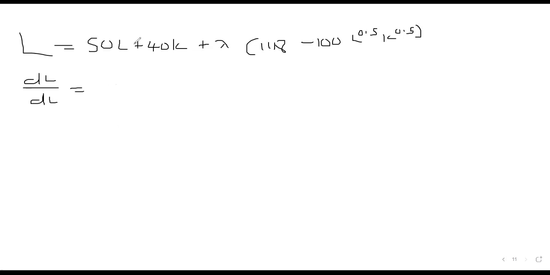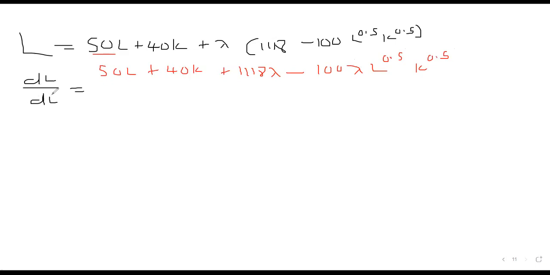Here we have to differentiate the terms which have an L, and those without it will be eliminated from the equation. Okay, so we can expand maybe to start with, so that we identify those that have an L. So here 1118, and here we have 100 lambda L 0.5, K 0.5.